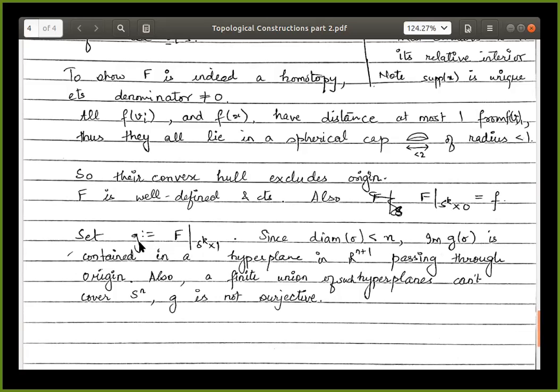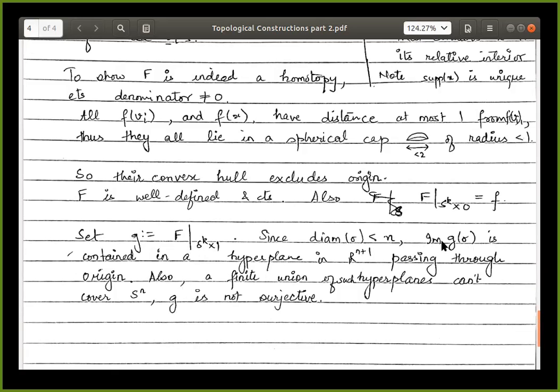We define the F at the other end to be g. So capital F restricted to Sk cross 1 is the map g. Now, since the diameter of sigma is less than n, the image of sigma is contained in a hyperplane in R^(n+1) passing through the origin. But there are finitely many simplices in the triangulation.